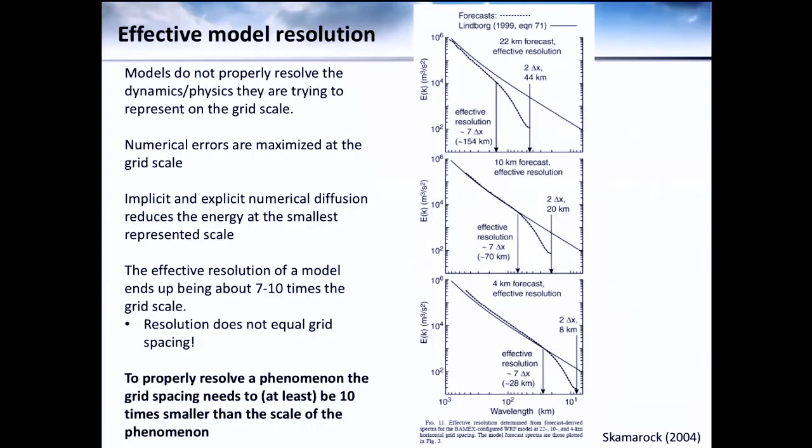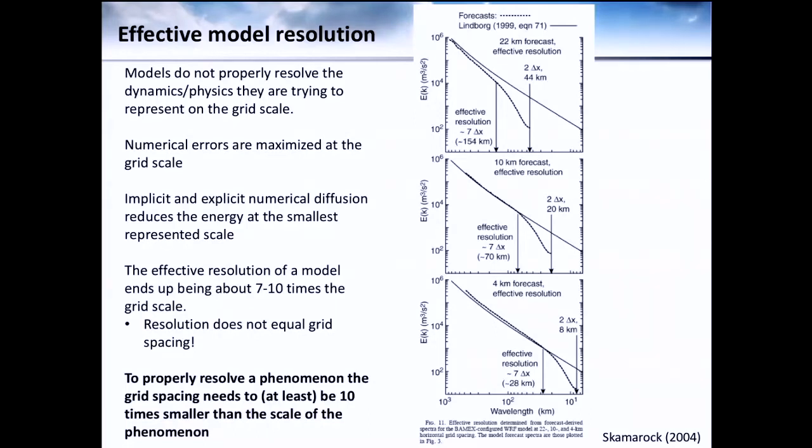So for 4 kilometres, you see the damping go down, and that's at about 28 kilometre scale. So your 4-kilometre grid spacing model is resolving scales of motion greater than about 28 kilometres. The 10-kilometre, it's at about 70 kilometres. So that's the effective resolution of your model.